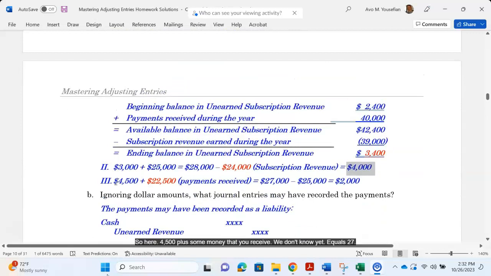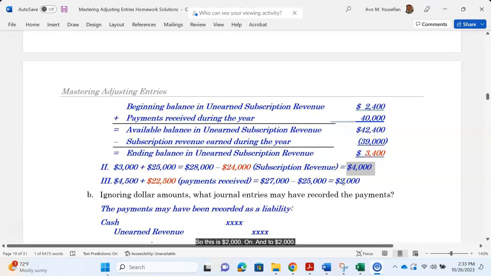So here, 4,500 plus some money that you received, we don't know yet, equals 27 minus 25 is 2,000. So 4,500 plus 22,500, we have 27,000 available, $27,000 available liability minus $25,000 earned.